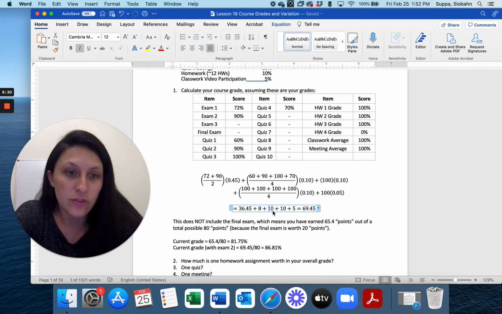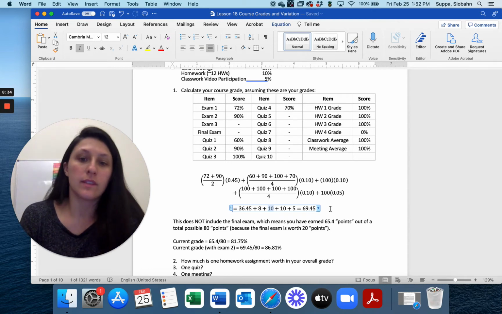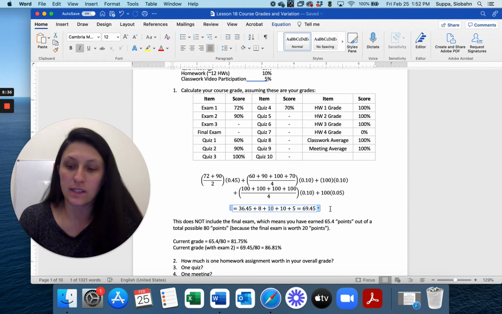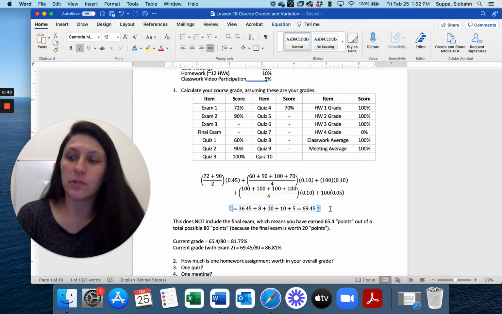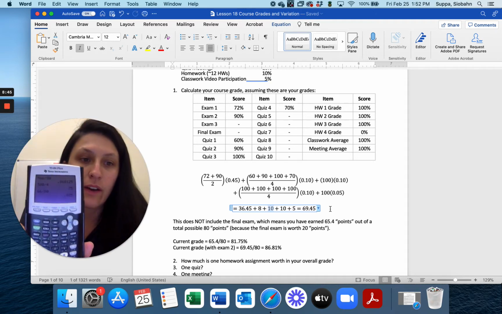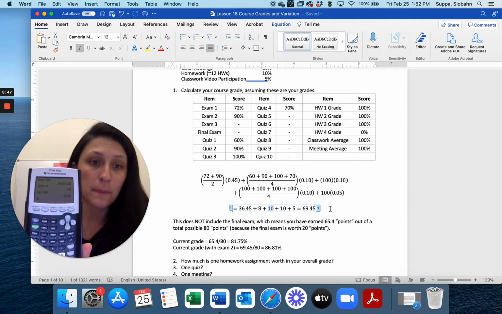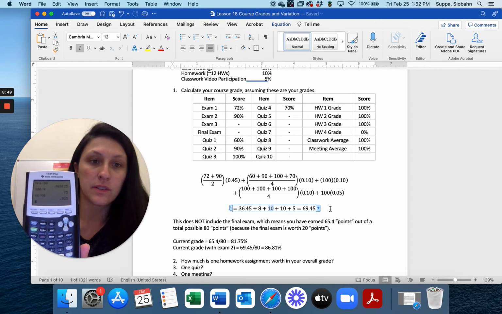But does that change your grade much? It brings this down by about 3 points. And so let's just assume if you went down from a 69 to a 66, we'll just go 66 even out of 80. That still puts your grade at an 82.5, right? So you still have a B. So you missed one homework assignment, but you still have a B.